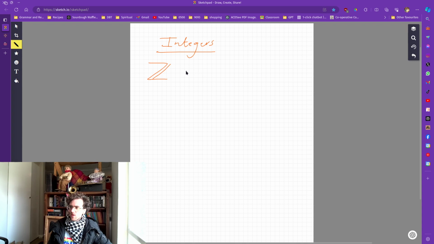Now an integer goes negative, but like -5, -4, -3. Okay, I'm just going to make an error here. -2, -1. Oh, but there it also includes a 0. 1, 2, 3, and it kind of like continues on. Okay, so that is an integer.